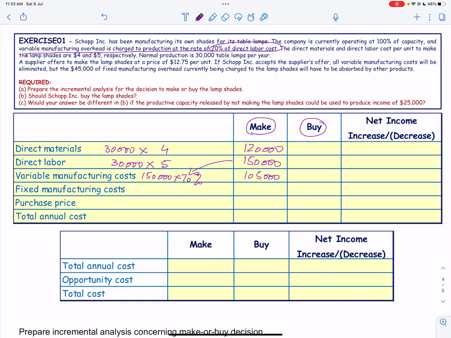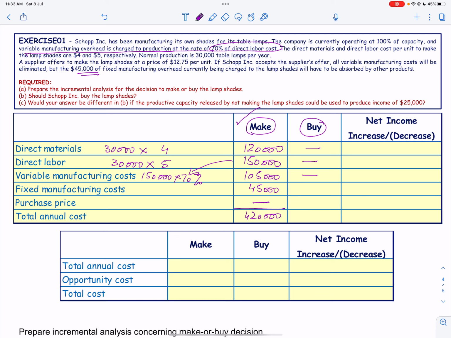There is fixed manufacturing cost of 45,000. Nothing will be under the heading of purchase because we are making the product, and the total annual cost will be 420,000.